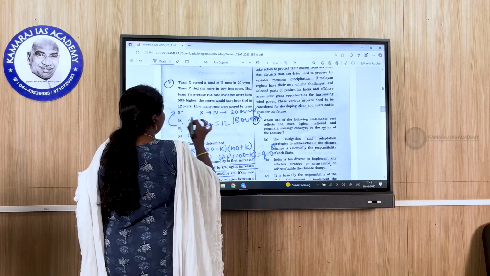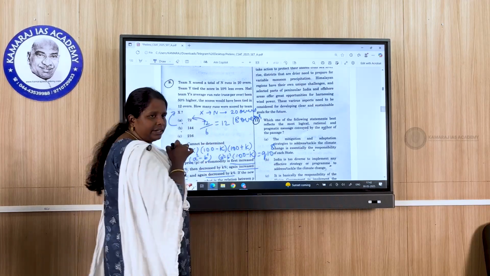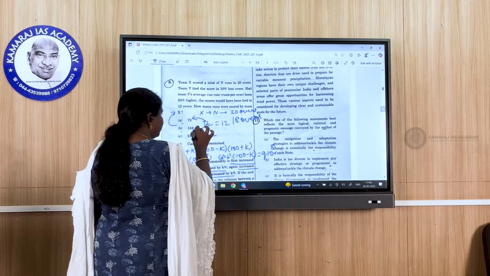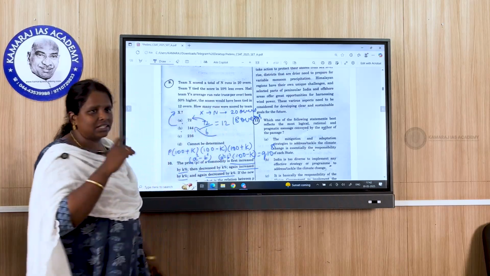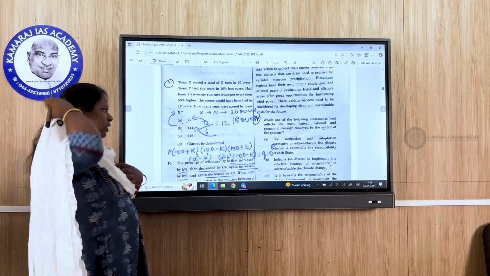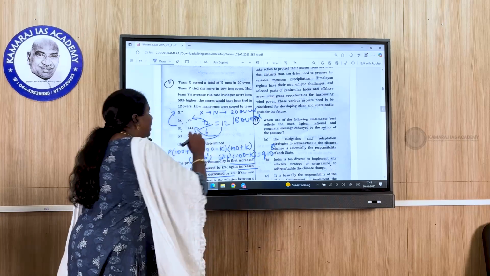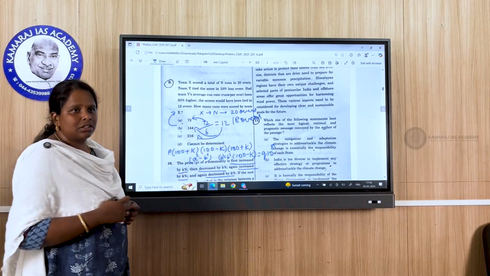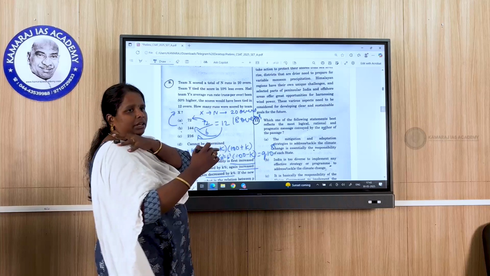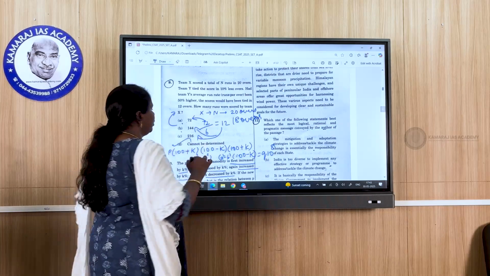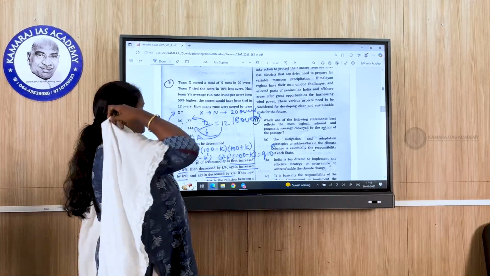So if I am going for this option, it is related. If I am taking 144, this is also a multiple of 6. If it is 50% higher, yes. So 216, anything works, I don't have any other data to solve this, right? So each option is applicable here, right? So your answer is cannot be determined, right?